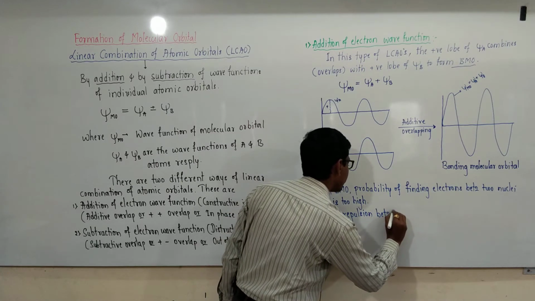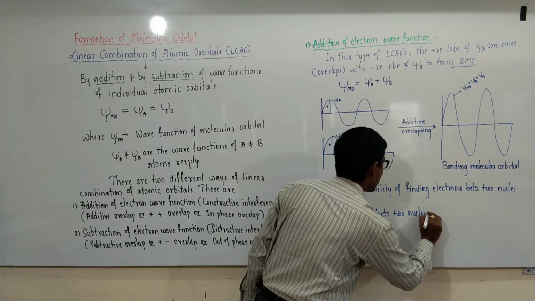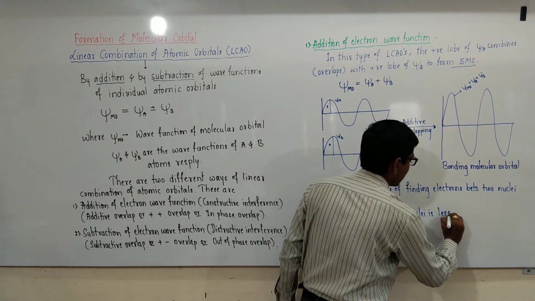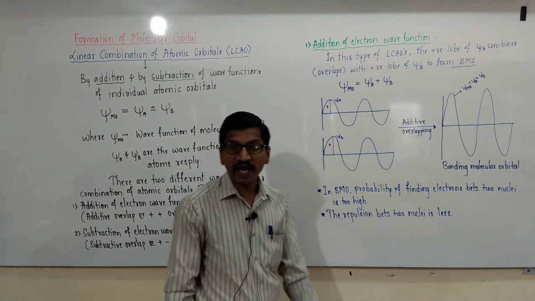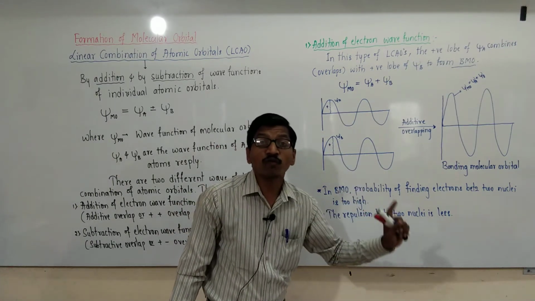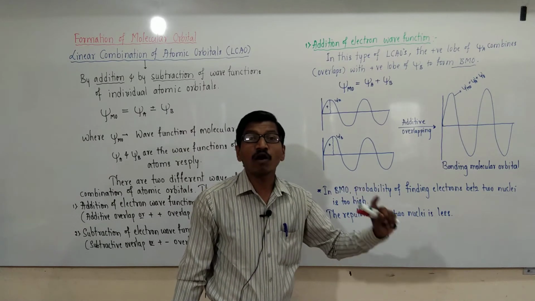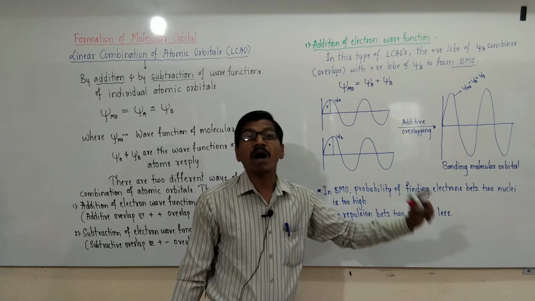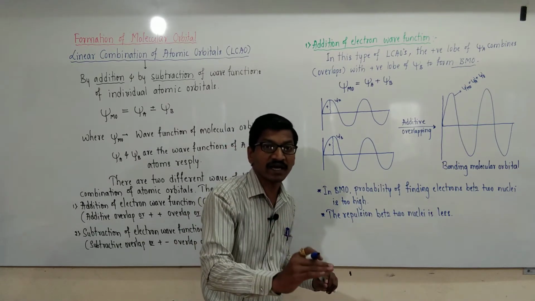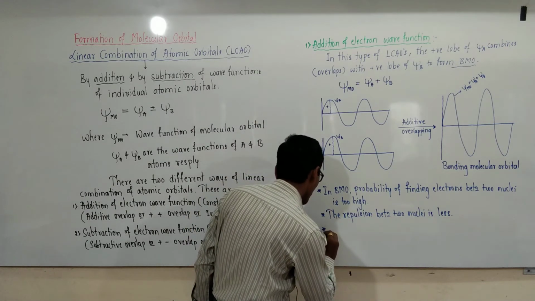The repulsion between two nuclei is less, therefore the energy of bonding molecular orbital is less than that of the energy of the combining atomic orbital. These are the three important points.